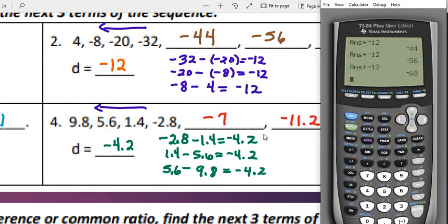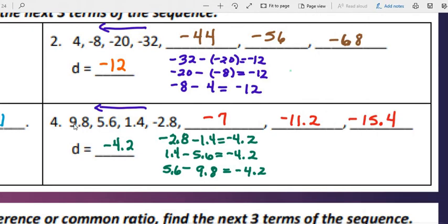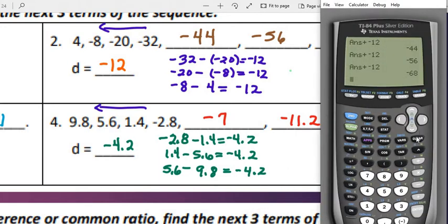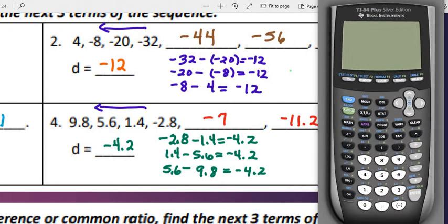I'm going to do the same thing with this one on number 4. Type in 9.8 and hit enter, and then add my common difference of negative 4.2.